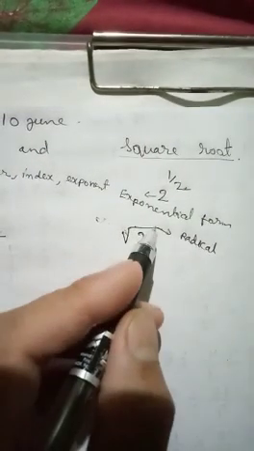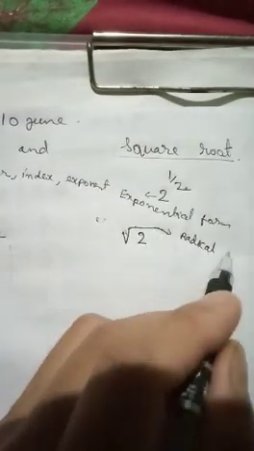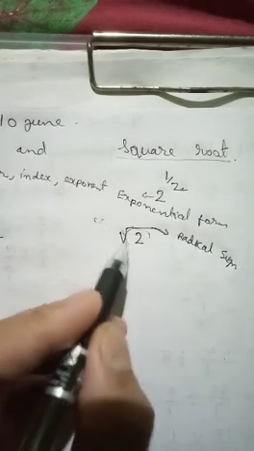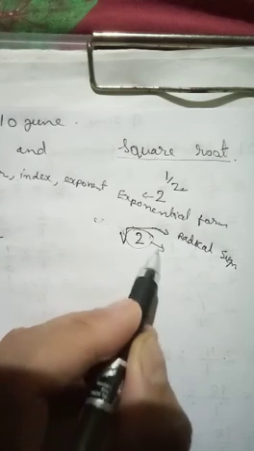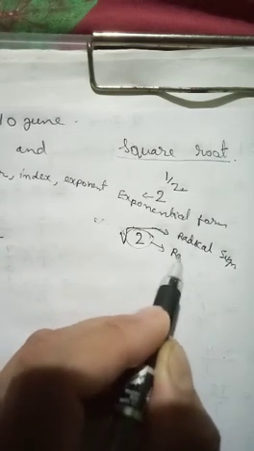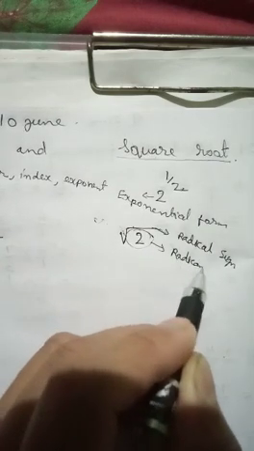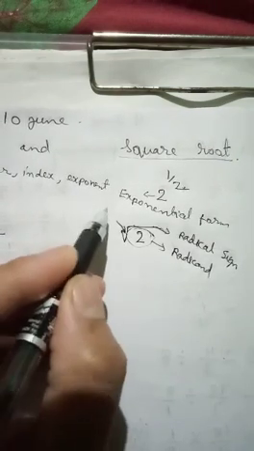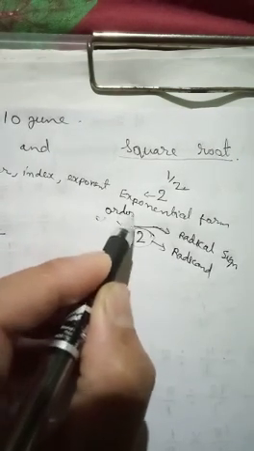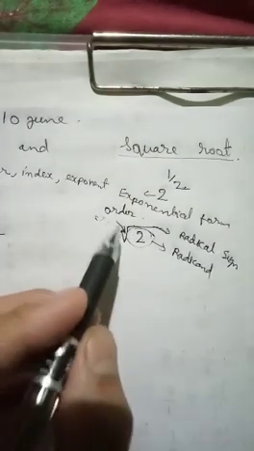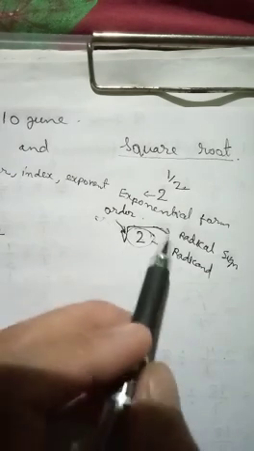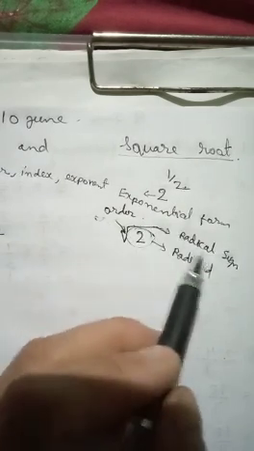So remember this sign, we call it radical sign. The number which is written inside the radical sign, we call the radicand. The number which we write here, in this small space, we call the order. If there is no number, that means the order is 2. If we write the square root sign, we call it radical form.